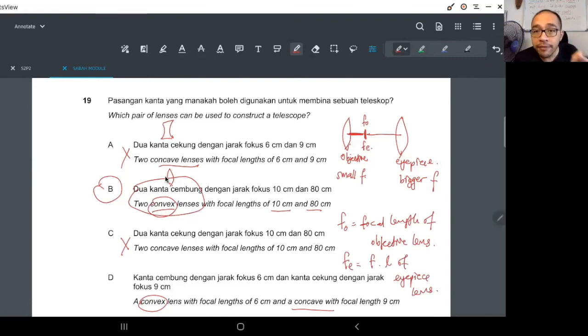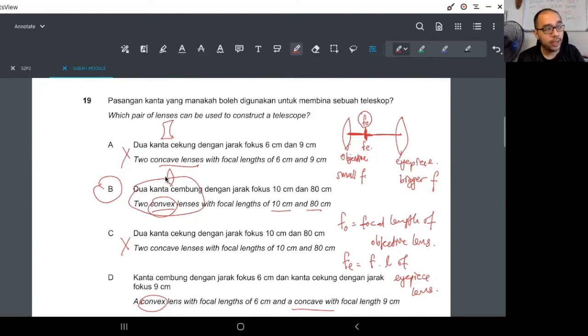A perfect picture will be seen where the focal lengths meet together. The place where the objective lens's focal length ends is the place where the eyepiece focal length also is. They share the same focal point. This is a fundamental difference between the microscope and the telescope. The microscope is the opposite, everything totally opposite.